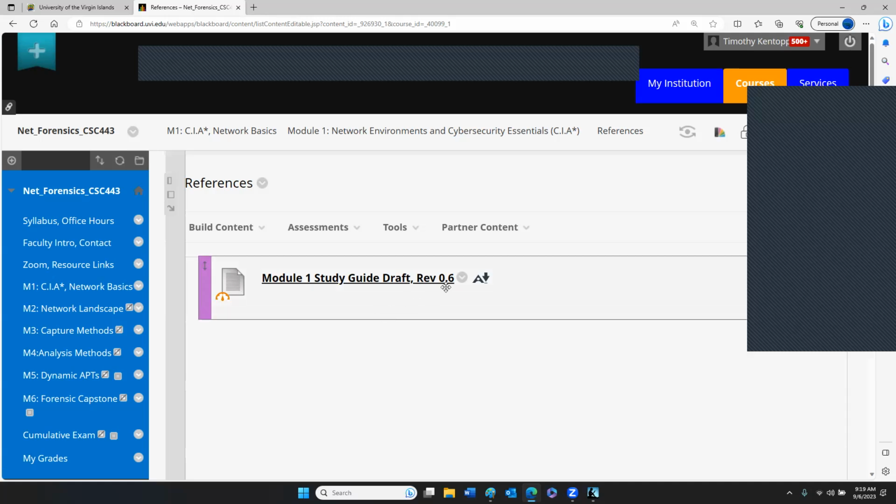It is revision 0.6, so drafts will always have a revision number less than 1, right? So if you see 0.6, 0.8, 0.9, we're getting closer to a final version. When we get to revision or version 1, if there's no revision, it's just study guide. That's the authentic, that's the real McCoy.